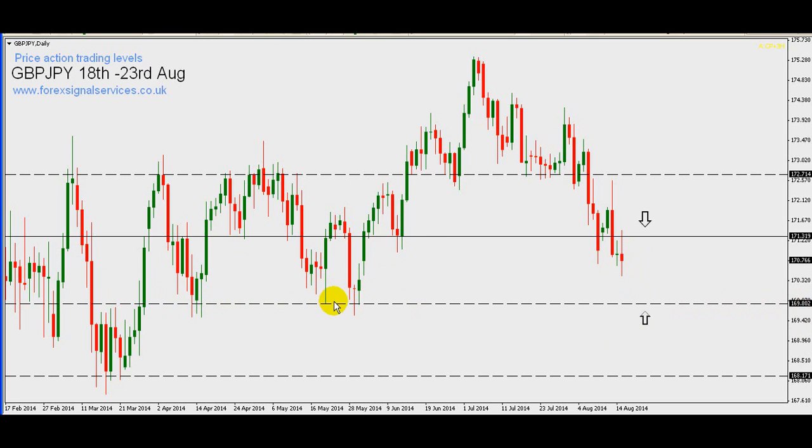Look, you can see the obvious level just here, 169.80. Alternatively, if we see this bounce back up here and you see a bearish candlestick under here at 171.31, then take that as a retest, and it's showing that this previous support level has turned into resistance, and short down from there back down to 169.80.